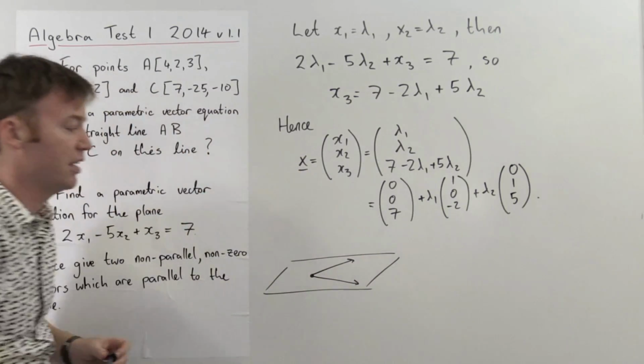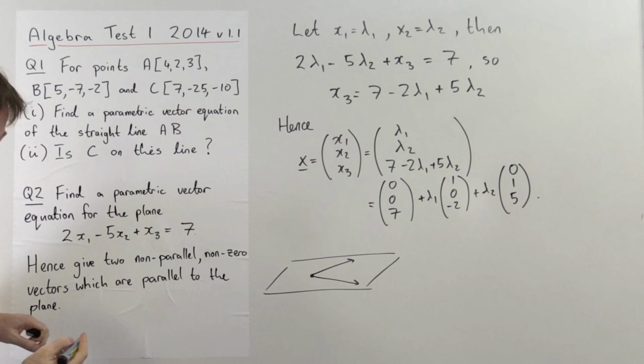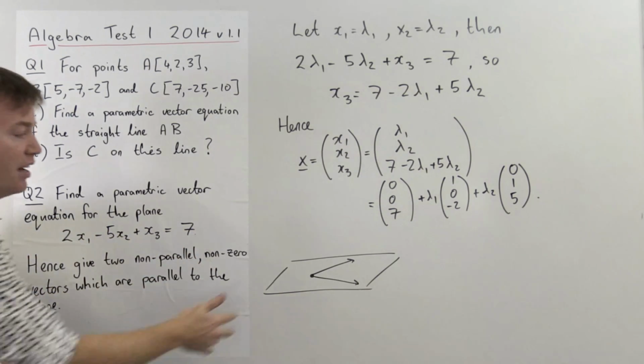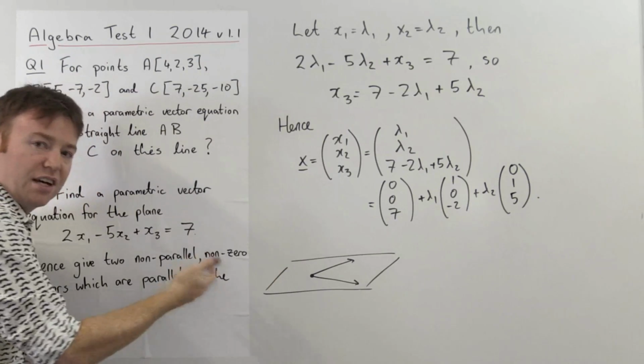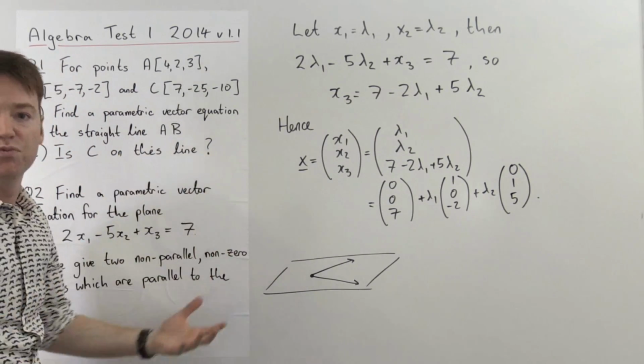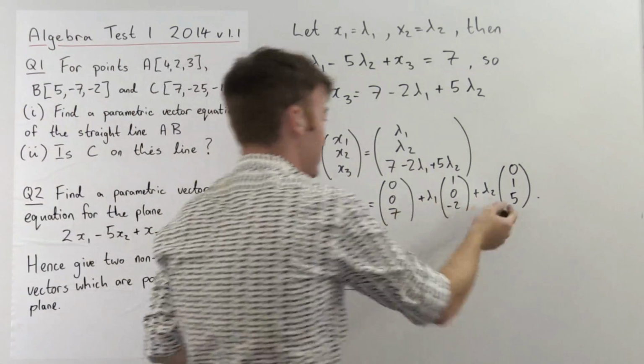going in the plane. Now, the vectors which are not parallel, that means not parallel to each other, and not zero, which means the vectors can't be zero, which are parallel to the plane, are these two vectors. This question is just asking you for the directions of the plane. It's asking you to just write down which of these things are the directions.